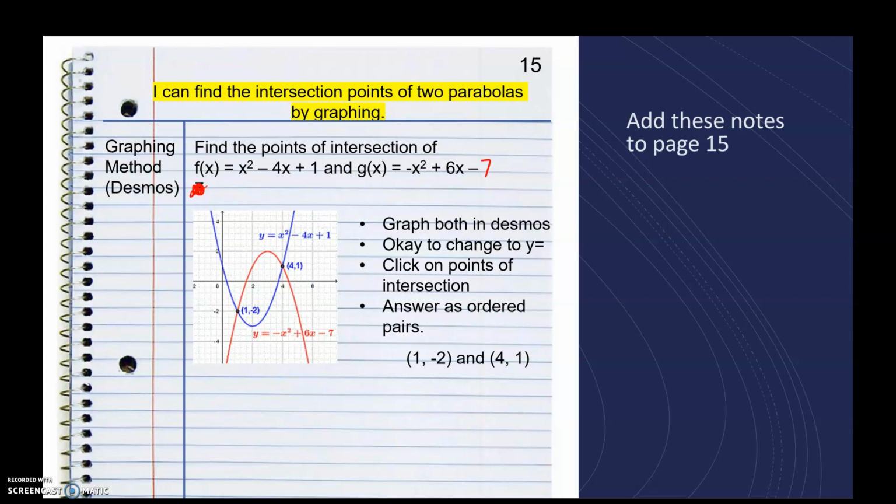When you plug these into Desmos, you can do y equals, or you can write it in function notation. Remember, it's not going to matter. And you can see the points that they intersect. They intersect at 1, -2, and 4, 1. Graphing is my favorite way to do it, especially with the Desmos calculator, because it takes all the work out of it.